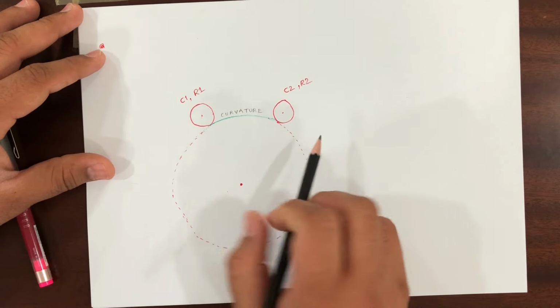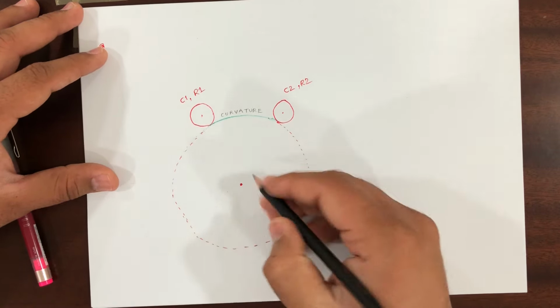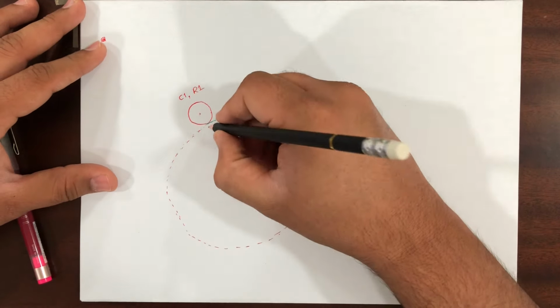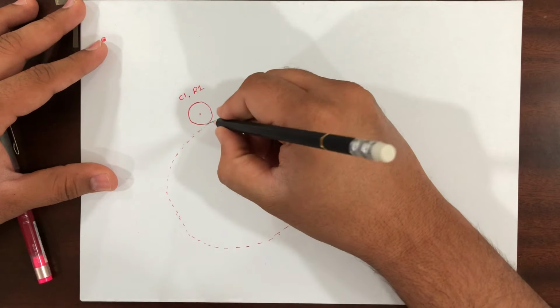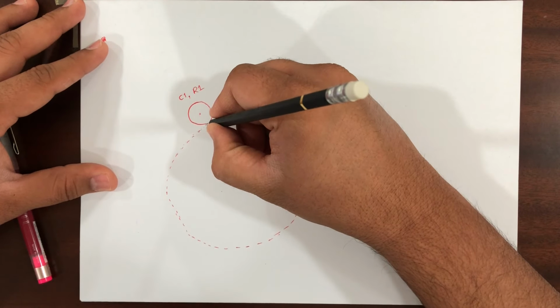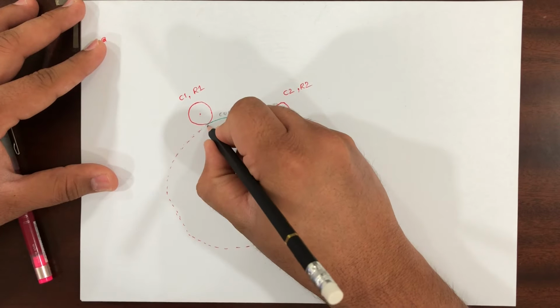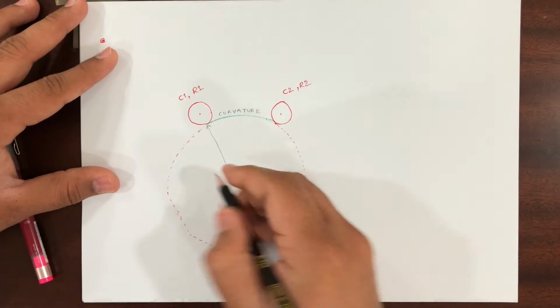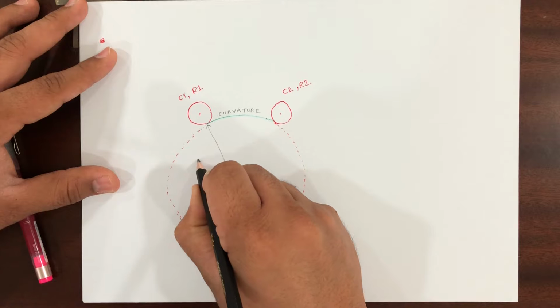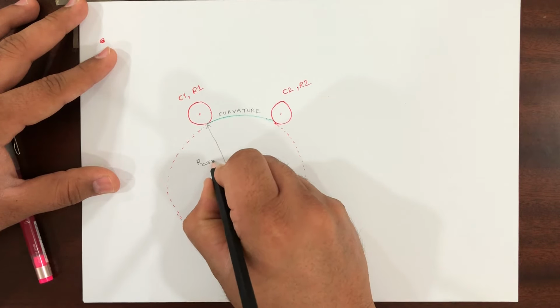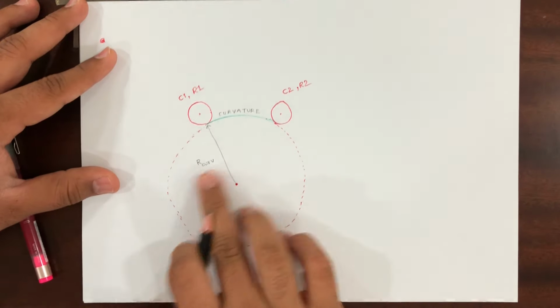So now this radius, we are just connecting the curvature to this one. So this radius is how much? We name it as R curve.